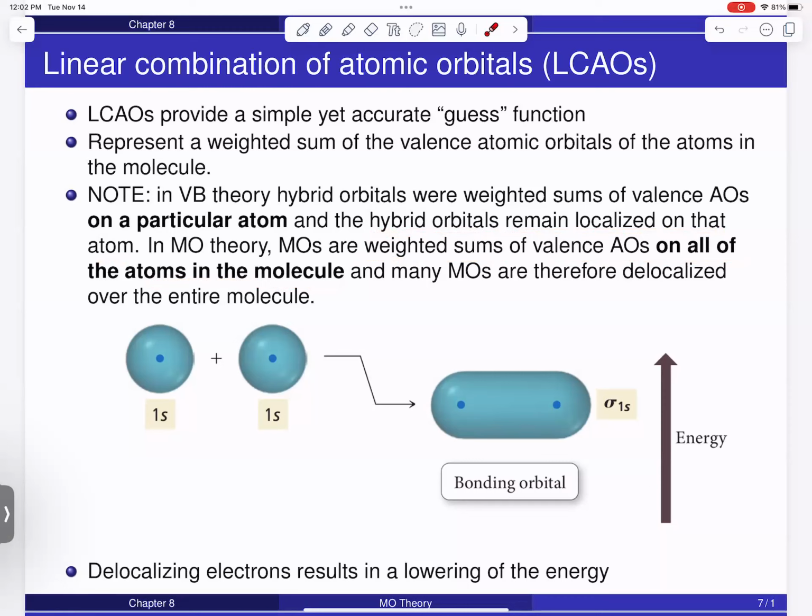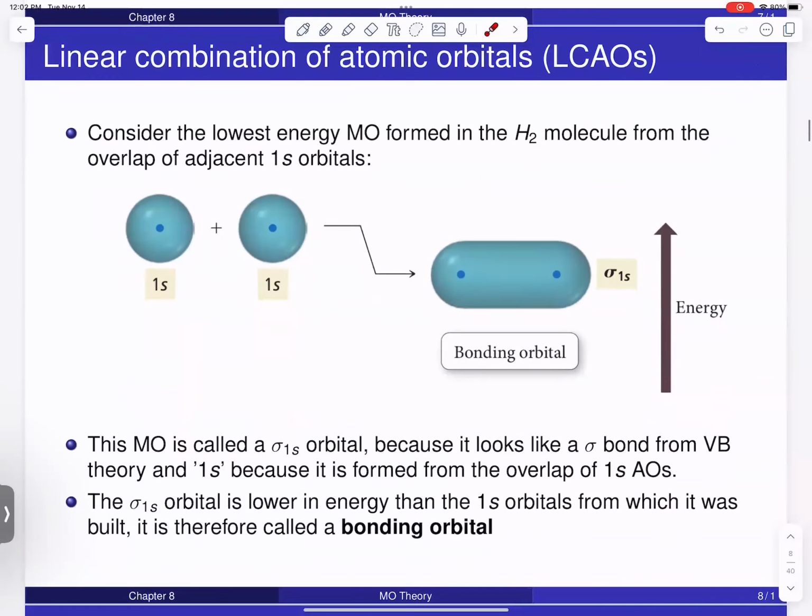We are making molecular orbitals that are linear combinations of atomic orbitals on all atoms in the molecule. And this is more powerful, right? We're now forming molecular orbitals that are delocalized over the entire molecule. And as we saw in our discussion of Lewis structures, think about resonance, delocalizing electrons results in a lowering of that energy.